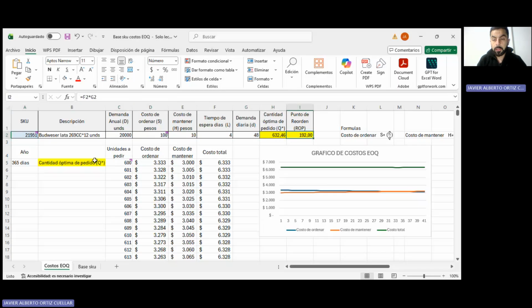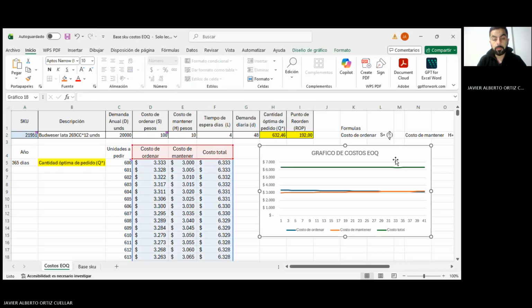Then this graphic cost model allows us to interpret the intersection between the holding cost and the ordering cost, thereby confirming that the optimal order quantity corresponds to the current demand for the customer.